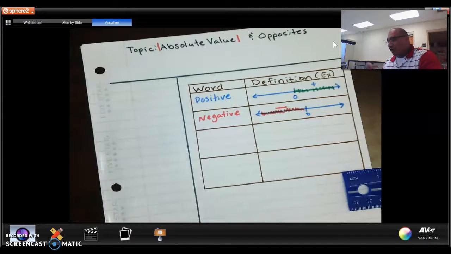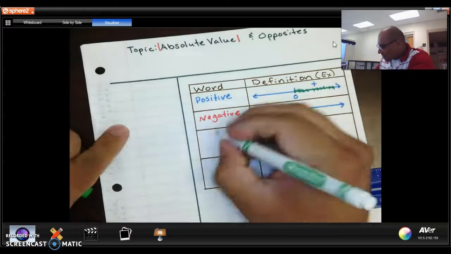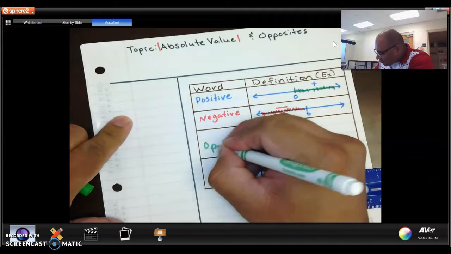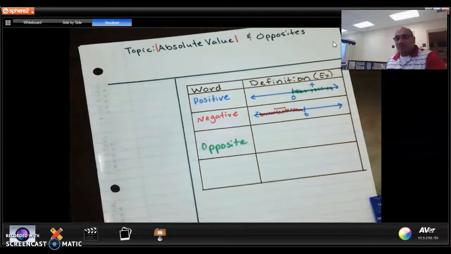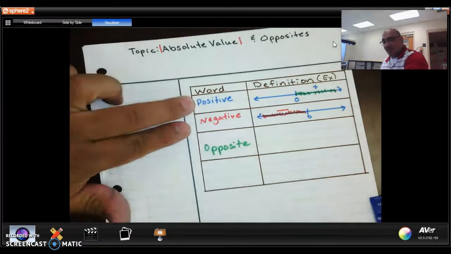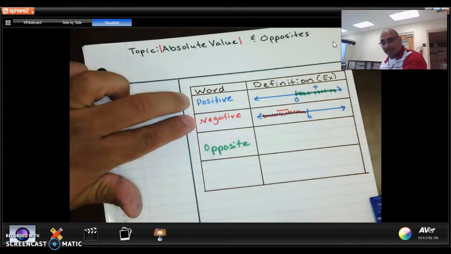Which brings me to our next word. Our next word is going to be opposite. Okay. So opposite is just what you guys think it means. If we weren't talking about math, you would have opposite for hot, which is cold, tall, short. But in math, we actually have positive and negative.